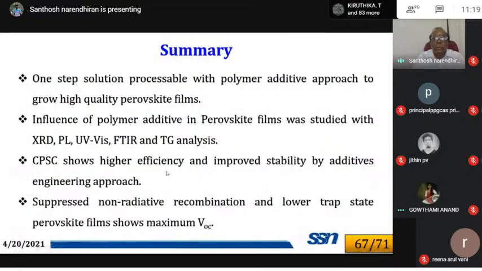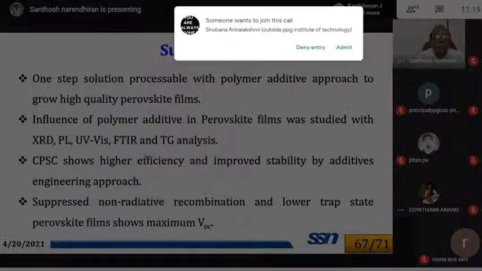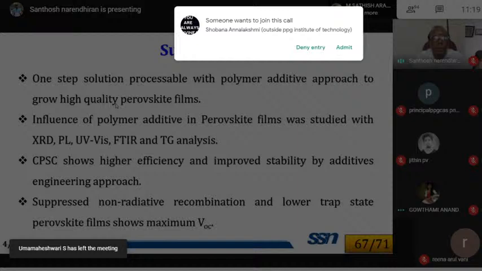So friends, the summary of what you have seen so far is what you are seeing here. After seeing a few general slides, I showed you the results obtained in our laboratory by my colleagues, and a one-step solution processable polymer additive approach to grow high-quality perovskite films was taken up by us.